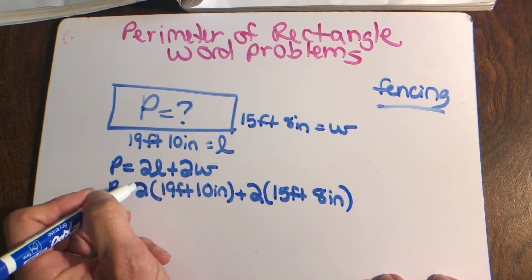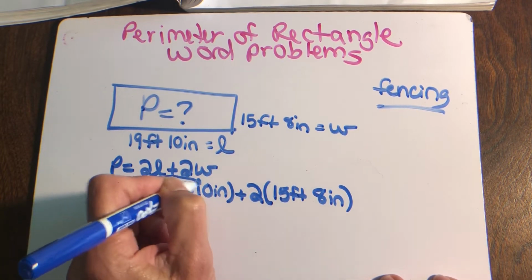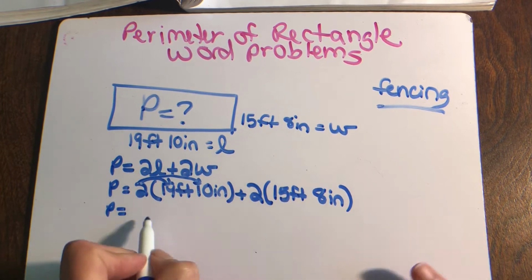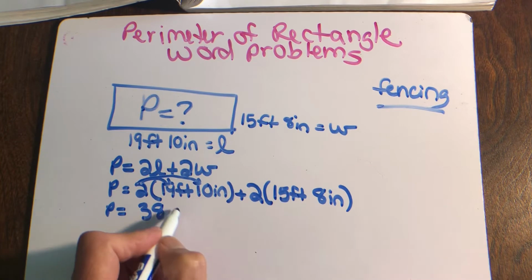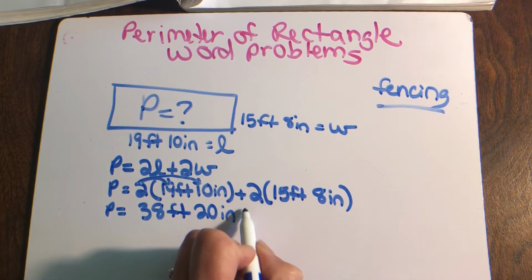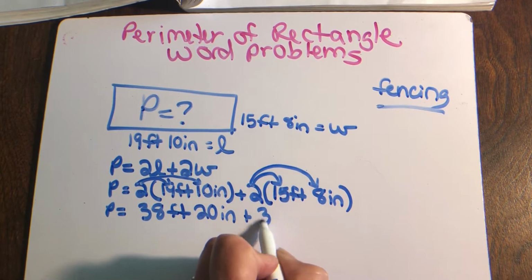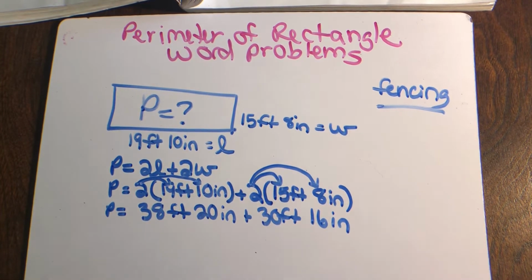Now remember, you are having to distribute. Remember that word, distribute. So you just do your math on your calculator. So 2 times 19 is 38. 2 times 10 is 20. 2 times 15, 2 times 8. So you have 30 feet and 16 inches.